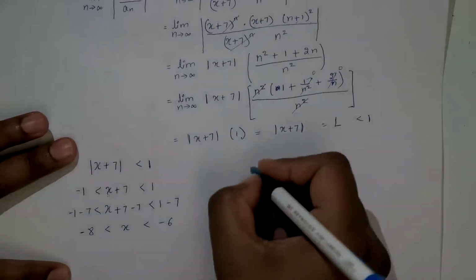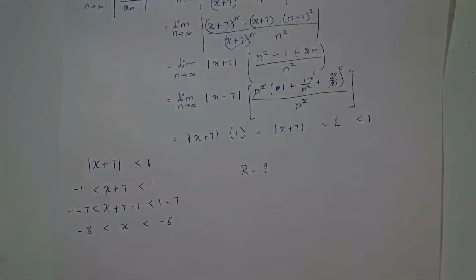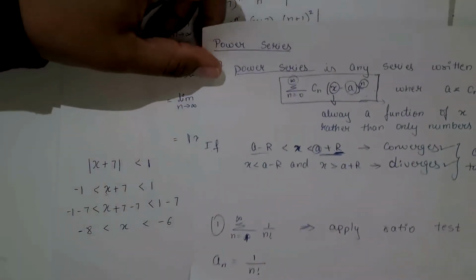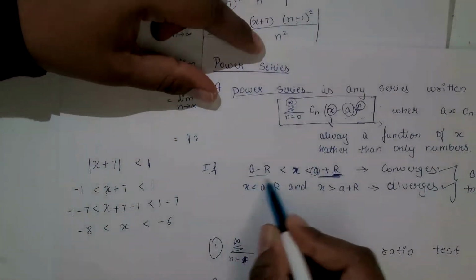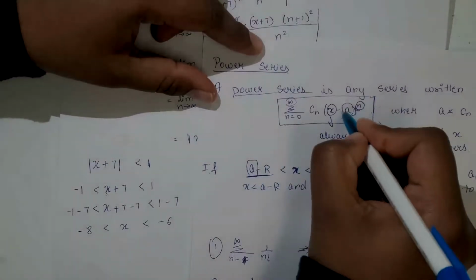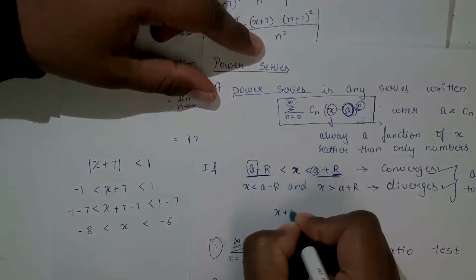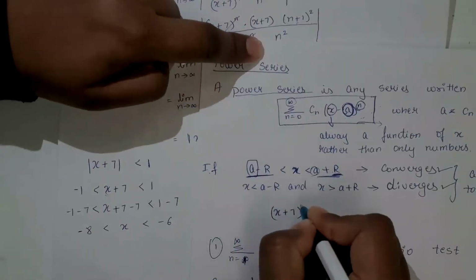Then what is the value of r? You take the formula for the power series. The a here is already given in the problem. So in our problem, it is x plus 7, right? That's the problem we had.